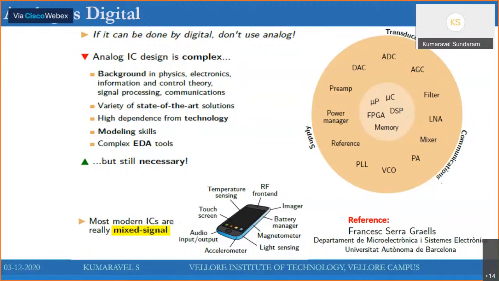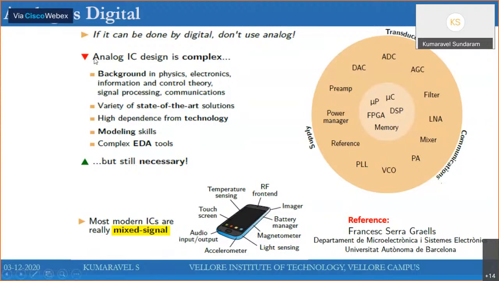Pre-amplifier, power management circuits, reference circuits, phase lock loops, VCO. If you observe this diagram, the outer circle has n number of analog and RF front-end blocks, which can't be realized in a digital fashion. So we need to go for analog. If you take the mobile phone, almost 75% of the system is built based on analog and RF blocks. 25% is realized using digital blocks.